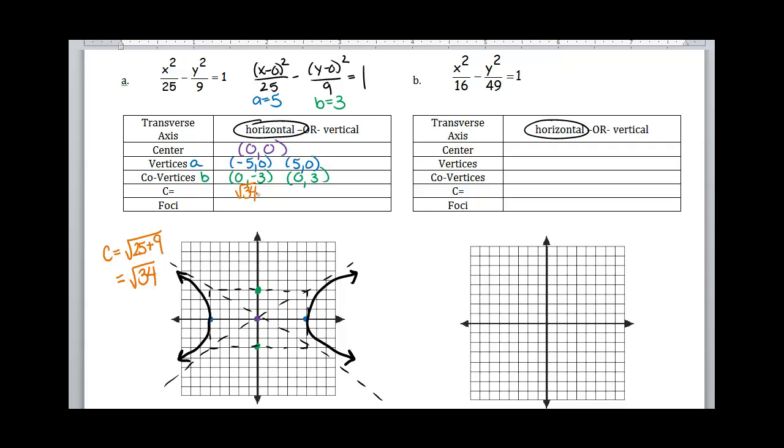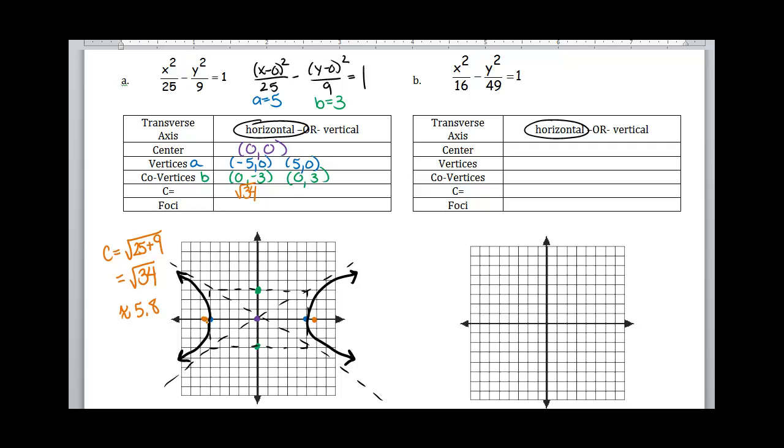Next, if I actually wanted to graph those values, I would need to get my calculator out and figure out what square root of 34 is about. Square root of 34 is about 5.8, so that means from my center I could go out 5.8 to the left and 5.8 to the right.